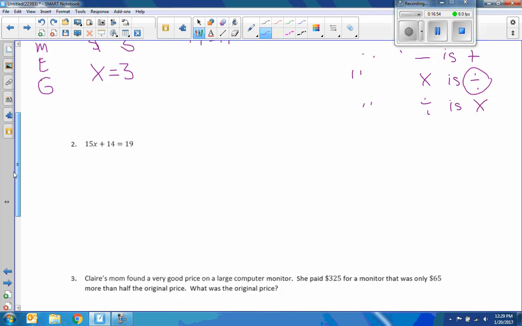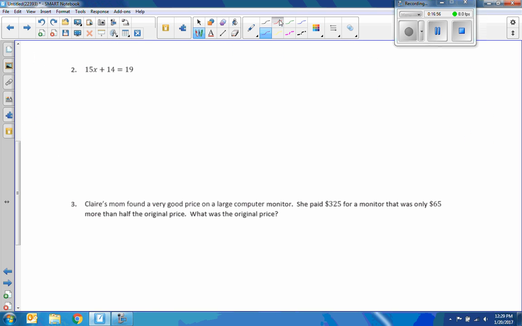Okay, now I'm going to do the if-then format on this one. So it's 15x plus 14 equals 19. So I'm going to say, if 15x plus 14 equals 19, then 15x plus 14 minus 14 equals 19 minus 14.